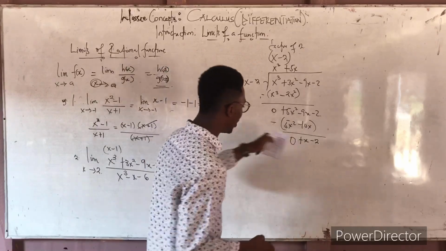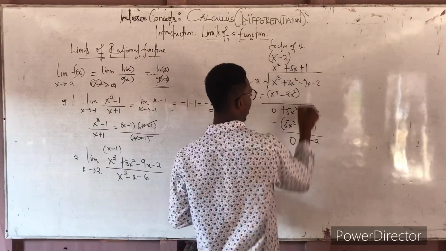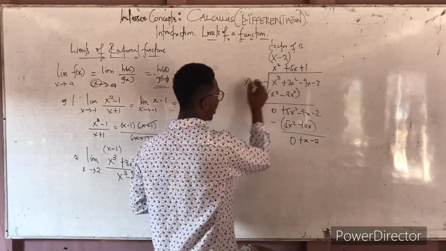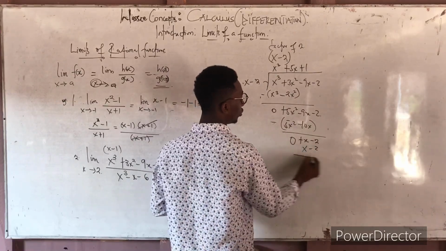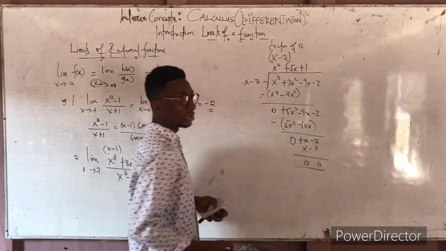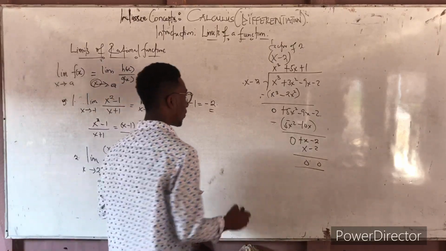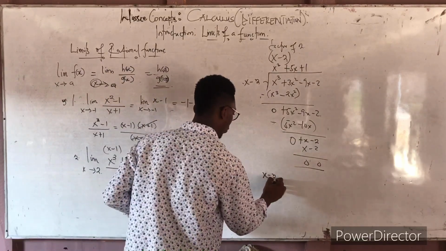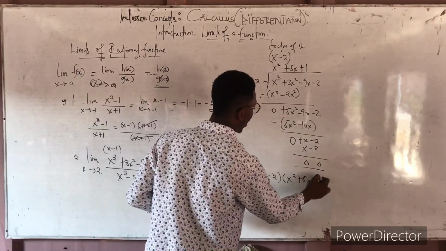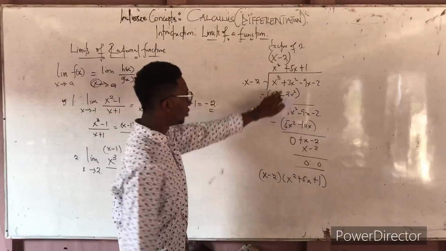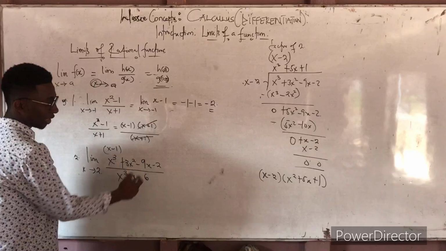Okay, so now x goes here how many times? Plus 1. So when you do this minus this, that gives you plus x minus 2. So when you subtract this, you are getting what? 0. So when you get 0, that means the factor now becomes x minus 2 multiplying x squared plus 5x plus 1. And when you do this multiplication, you get the numerator back.